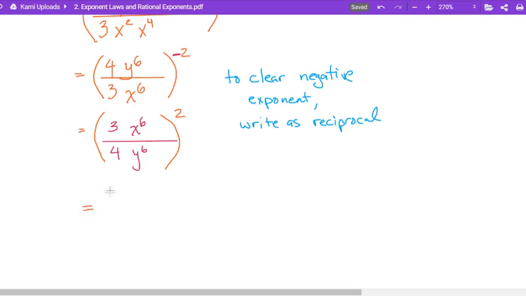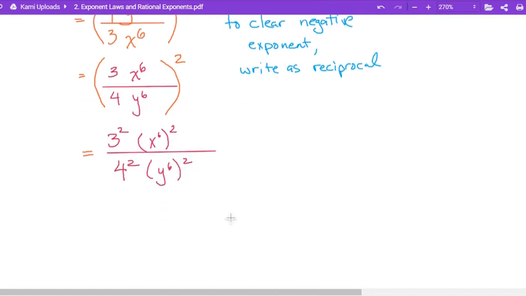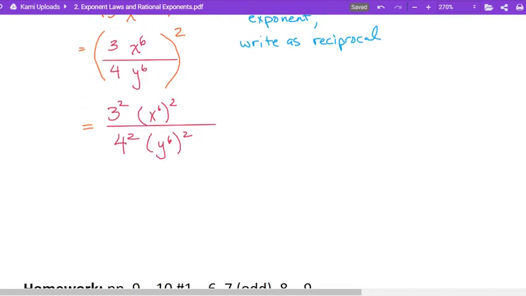So I get 3 to the power of 2 over 4 to the power of 2. Yeah, I guess I'll show you the extra step. You don't have to show it. X to the power of 6 times 2, y to the power of 6 times 2. This is a skippable step, definitely.